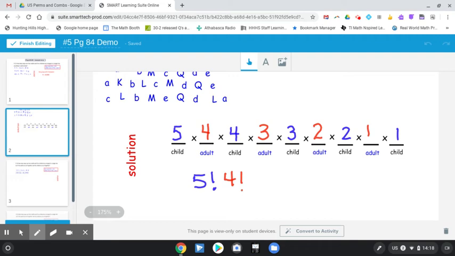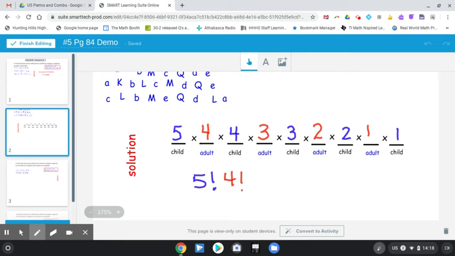So again, here what I'm doing is I've got 2 groups. I've got the children that can be rearranged, and I've got the adults that can be rearranged. And because there's 2 groups, what I have is 2 factorials. So we see 5 factorial for the children and 4 factorial for the adults.